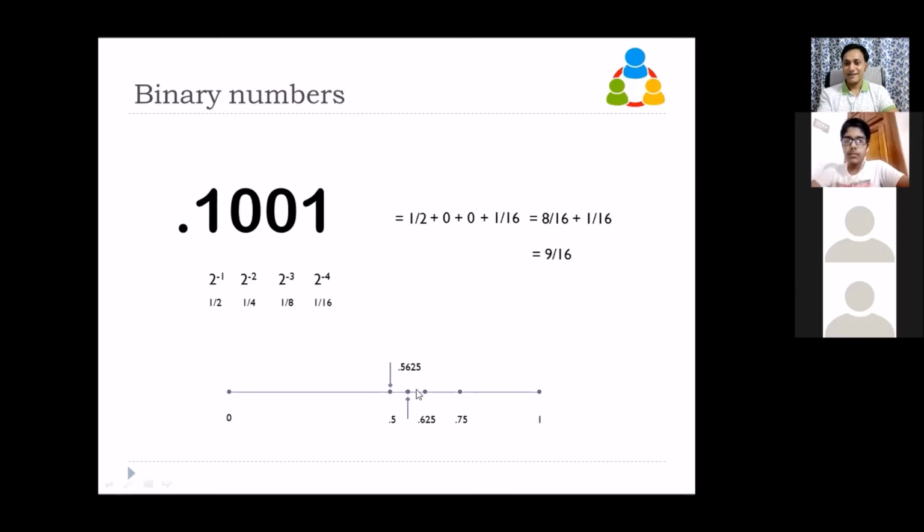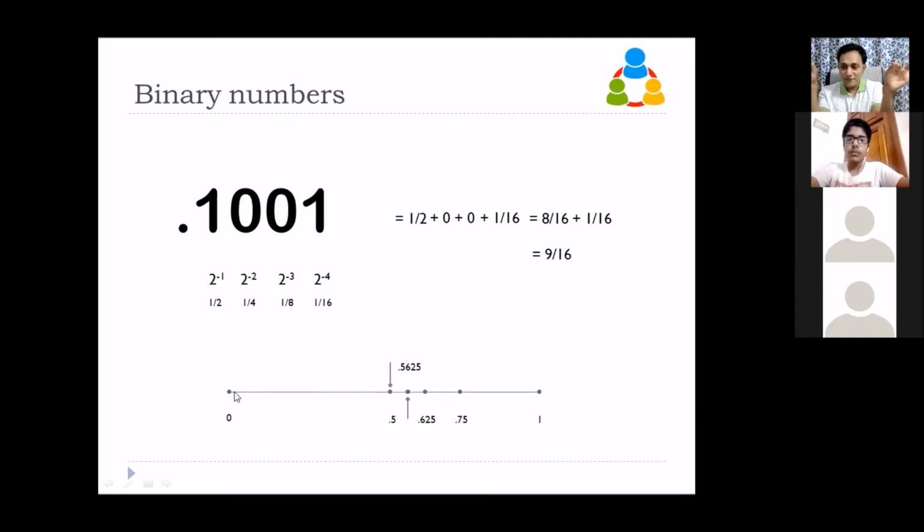This is 9th, 10, 11, 12, 13, 14, 15, 16. I haven't marked everything. So this is the 9th piece, right? The same value. So this 9 by 16 is the decimal representation of this figure.